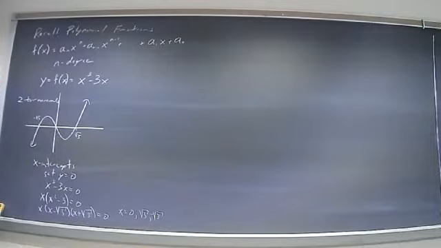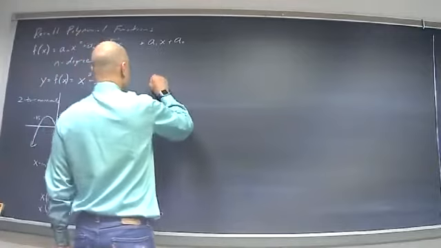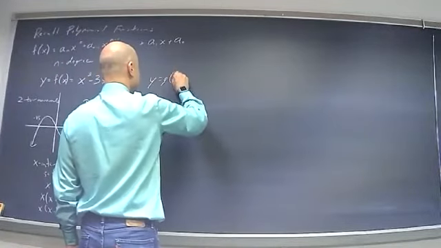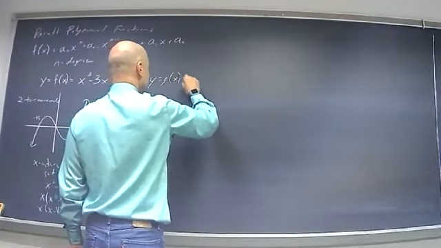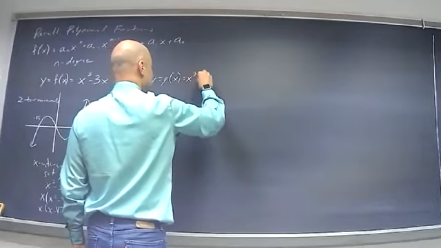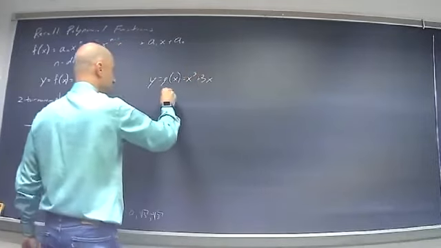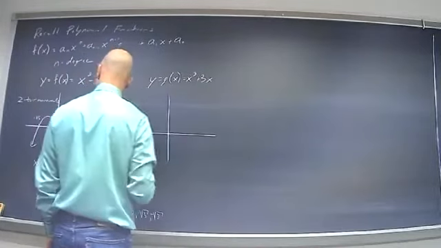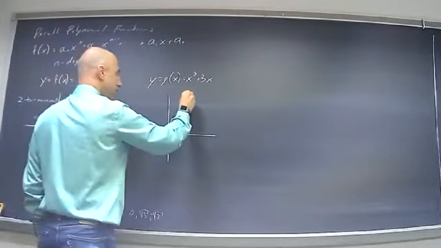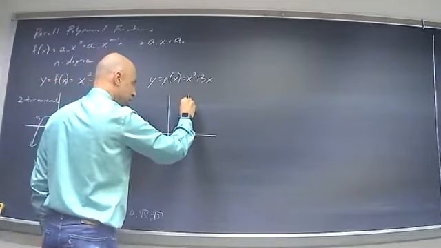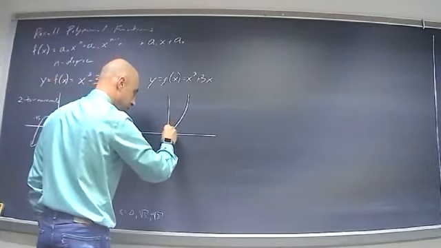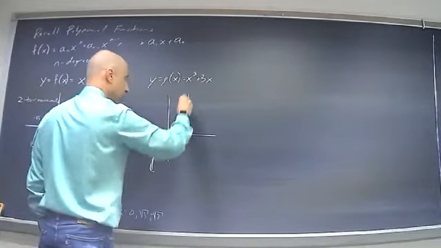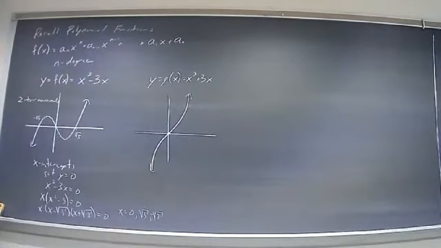And I gave you another example. I gave you y equals x cubed, I think it was plus 3x. And this one looked like this. This had no turnarounds at all.